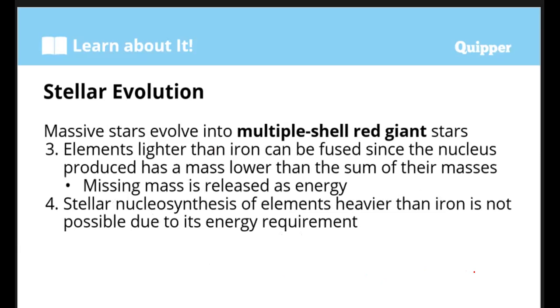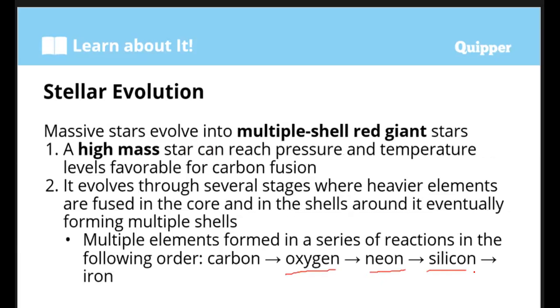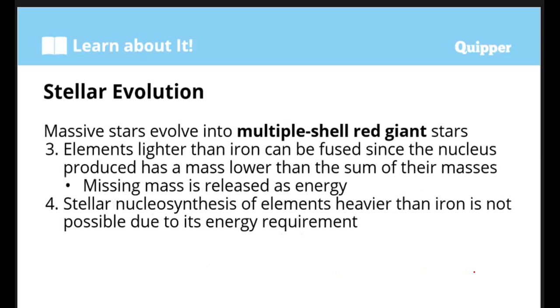And the elements lighter than iron can be fused since the nucleus produces a mass lower than the sum of their masses. So from silicon, it could form into iron. It could be neon to silicon that are combined with each other and form into iron. So those elements that are lighter than iron can also be formed.